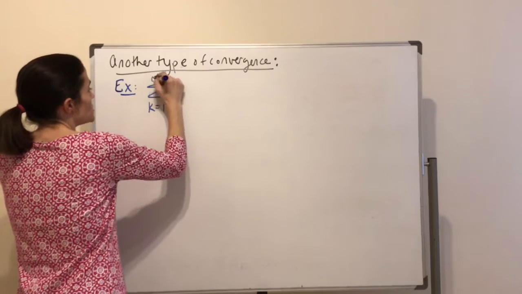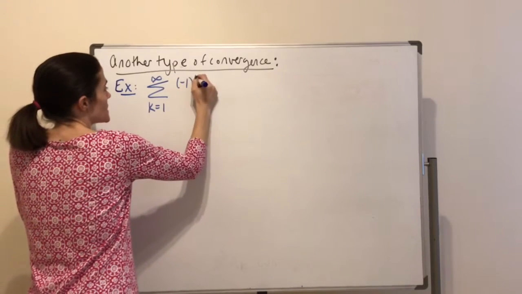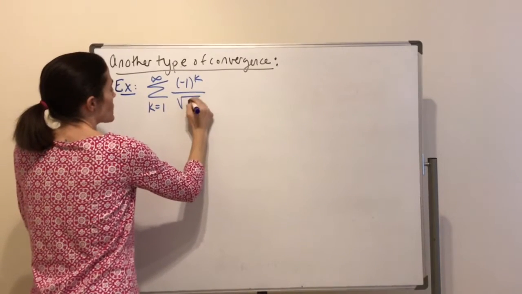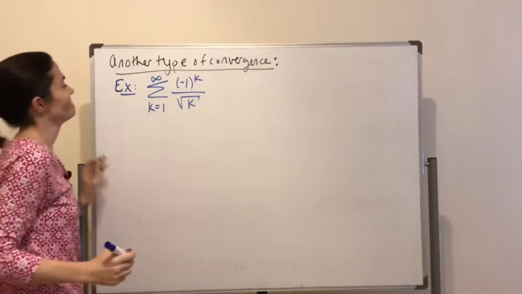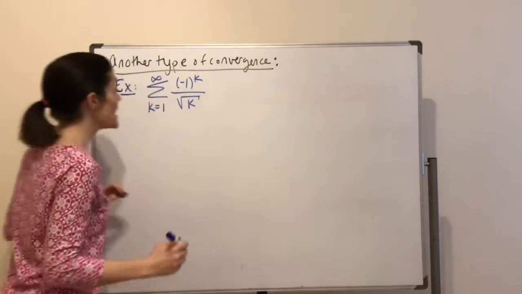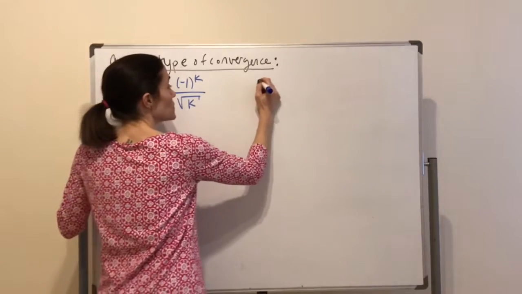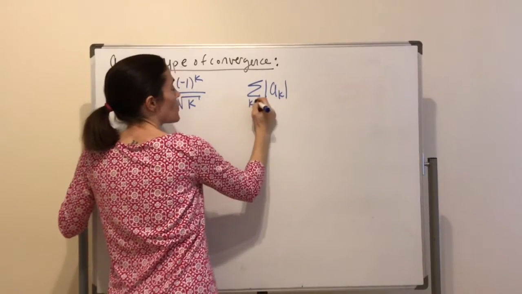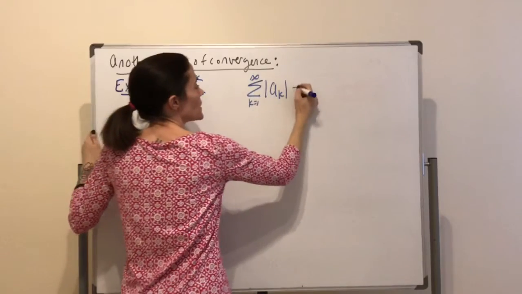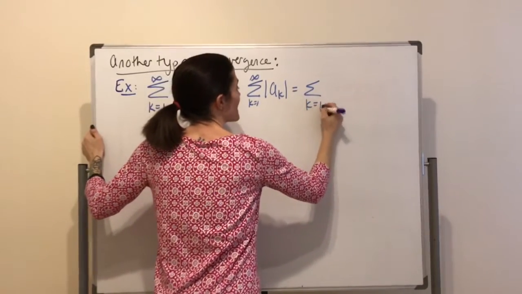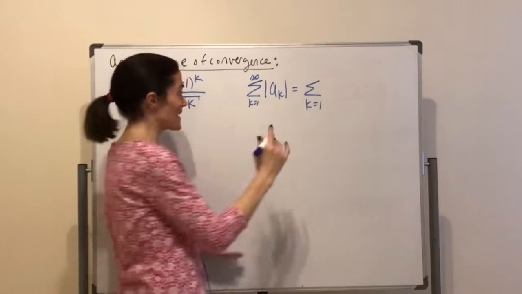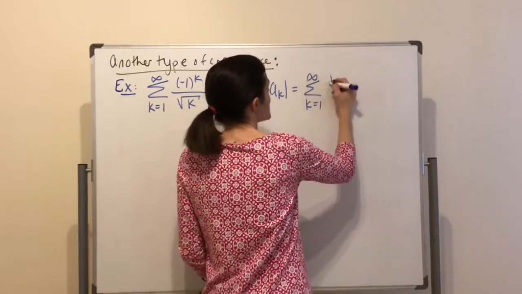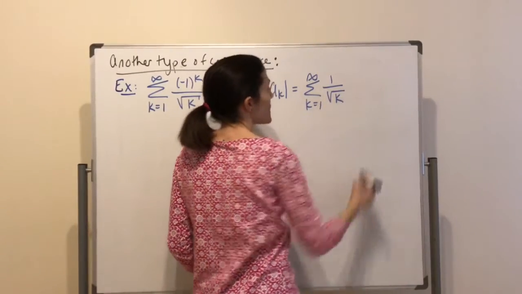Let's say the sum from k equals 1 to infinity of minus 1 to the k over square root of k. This is alternating. If you look at the absolute values, and I will put my indices here, although I could have left them off, but it's fine, k equals 1 to infinity, this is 1 over the square root of k.